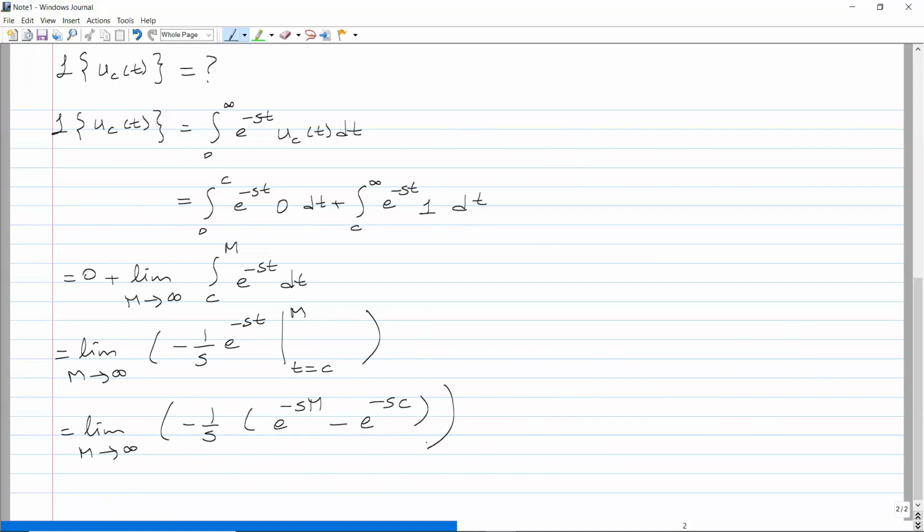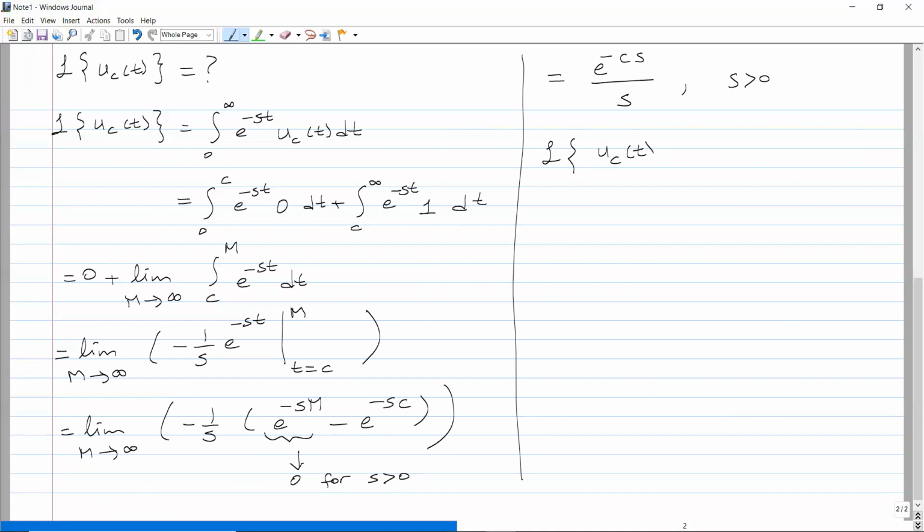And as long as s is positive, the only part with m is the term e to the minus sm, and this will go to 0 for positive s. So this limit is going to be e to the minus cs divided by s for positive s. So the Laplace transform of the unit step function is e to the minus cs divided by s for s positive.